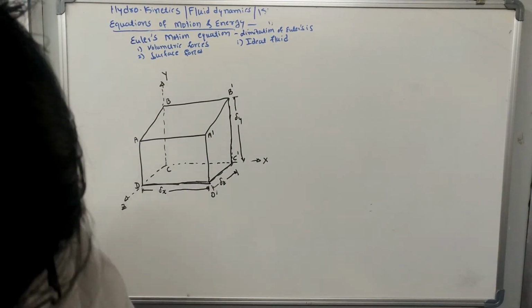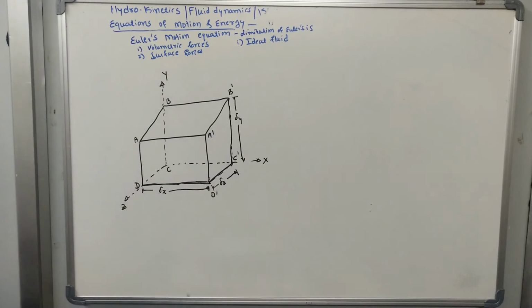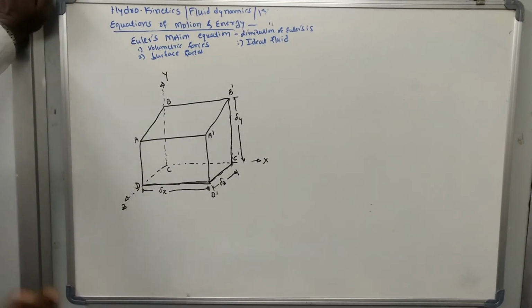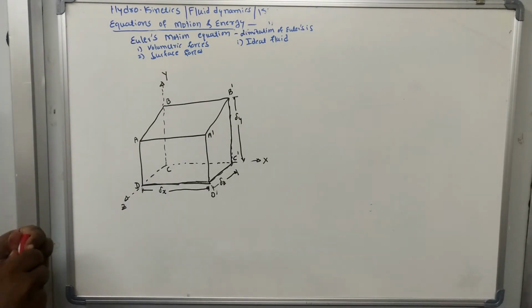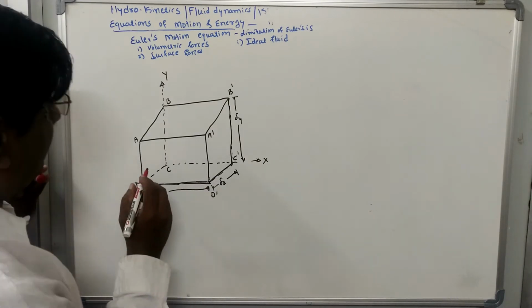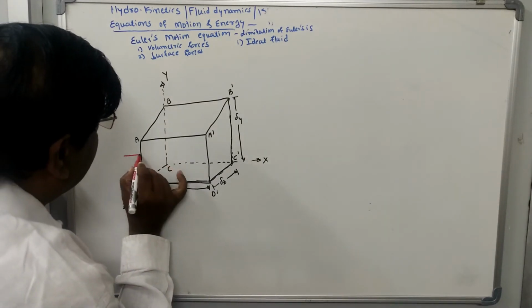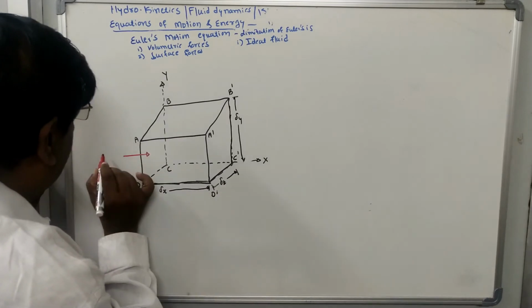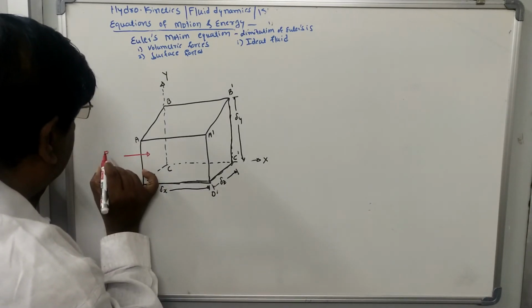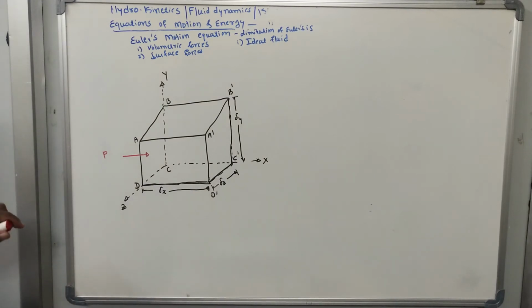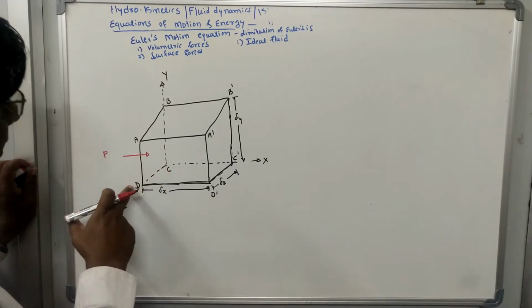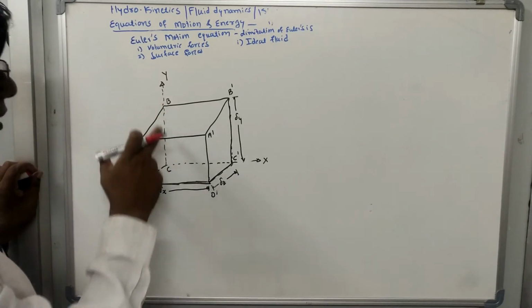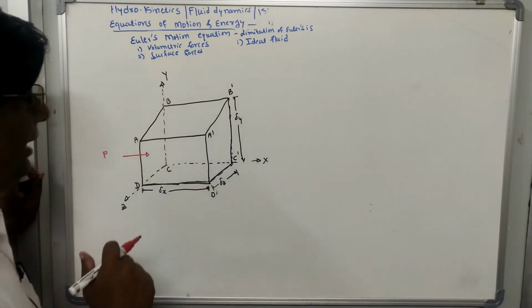Considering only two forces, the volumetric forces and the surface forces, let us take the surface force first. Let small p be the pressure intensity acting on the plane ABCD, whose normal is in the x direction.